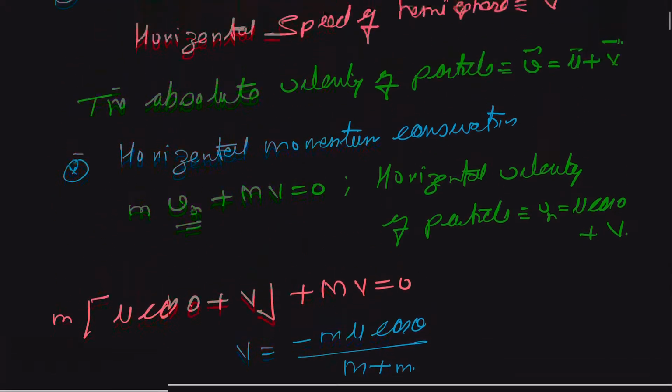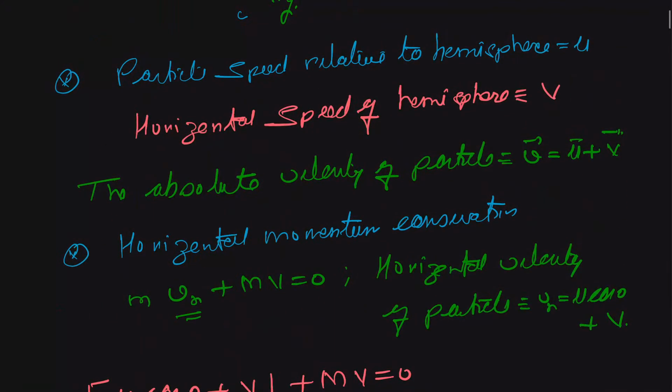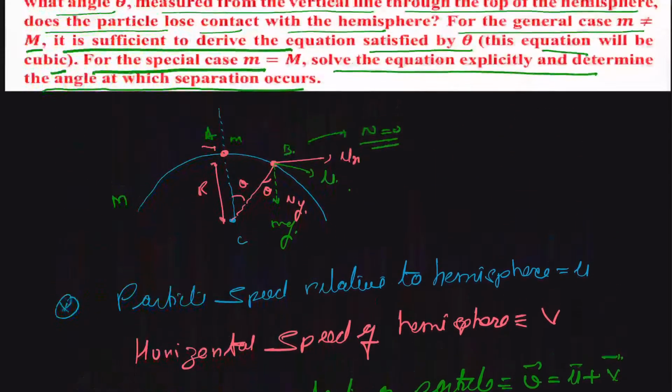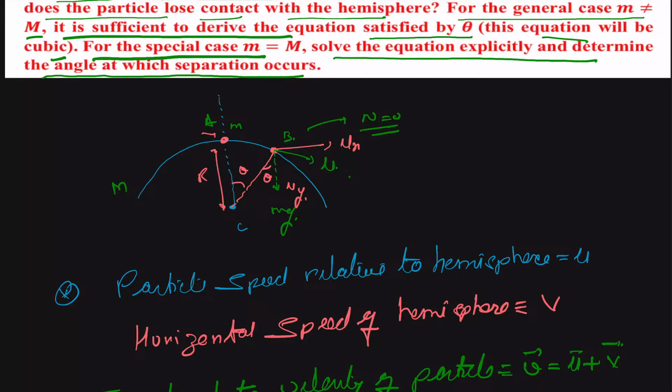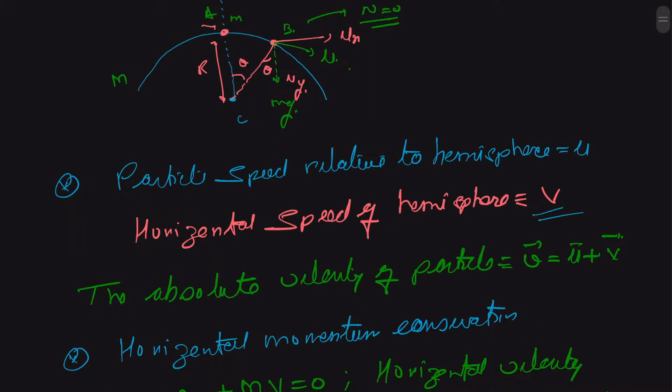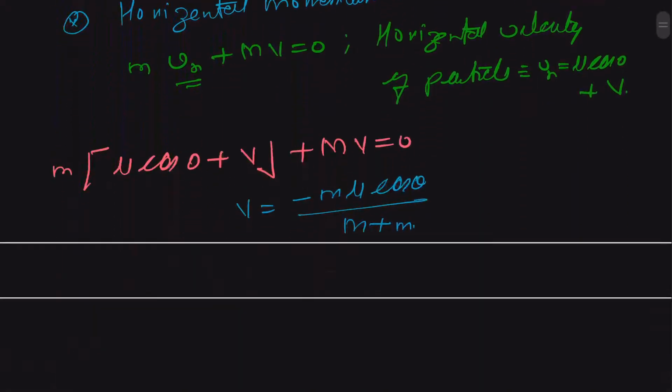And in this case we have to remember, because of the conservation of momentum, the initial push is only applied to the particle, but this hemisphere is also going to move because everything is frictionless. Therefore we have said its velocity in the horizontal direction is V. Now we come to our energy conservation.